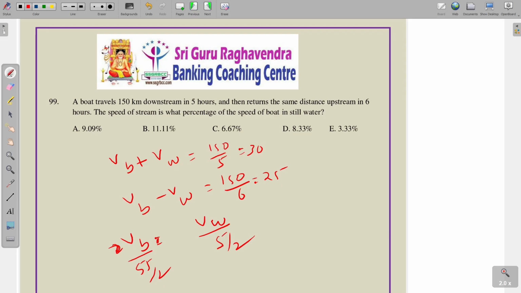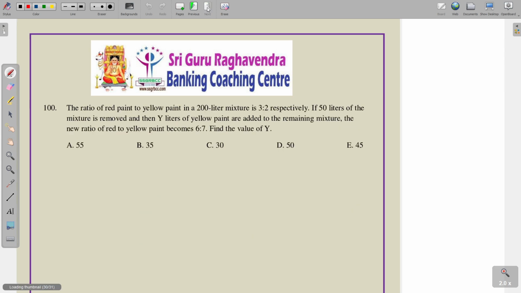Now the water speed, 5 by 2, is what percentage of 55 by 2, into 100. The 2s cancel, 5 is 11 times, so it is 9.09 percent.